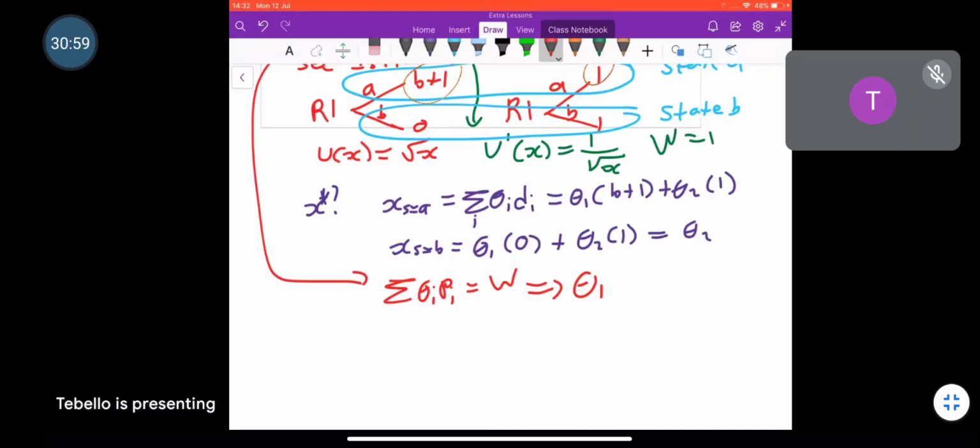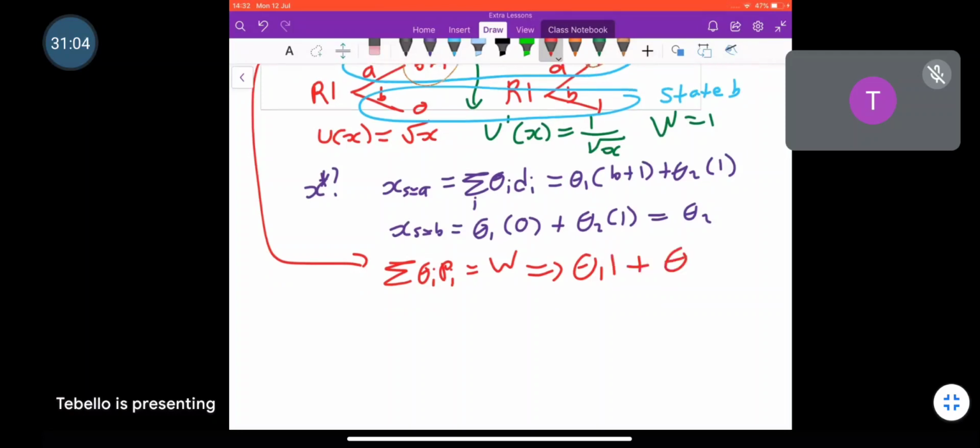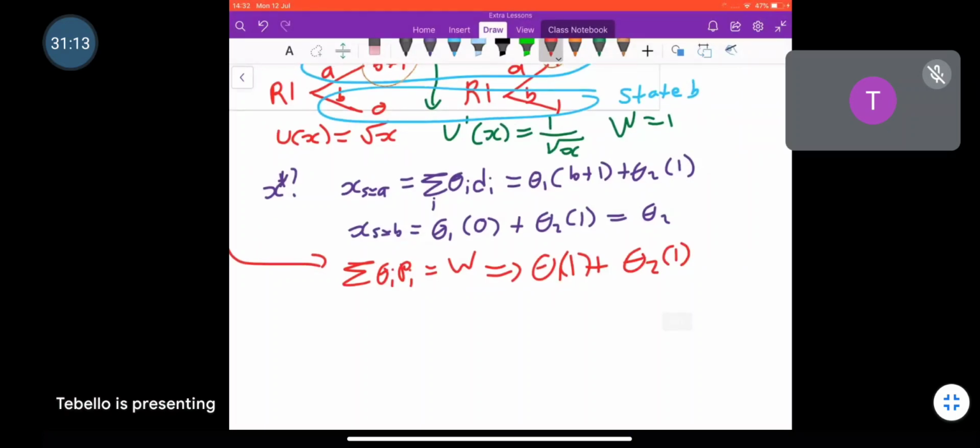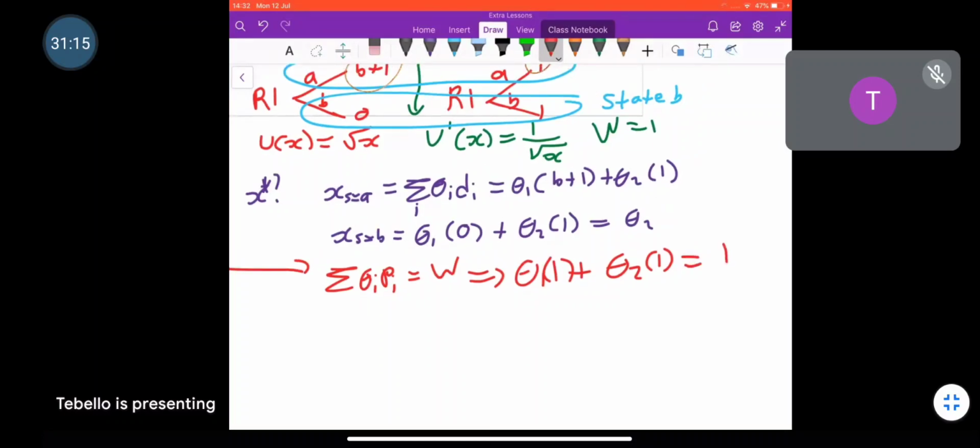They set the price as 1, and then the amount of security 2 times the price of security 2, which they said is also 1, is equal to your wealth. Your wealth is 1, right? So basically I can just remove these ones over here. So you have theta 1 plus theta 2 equals 1, and then I can try to simplify this thing very well.